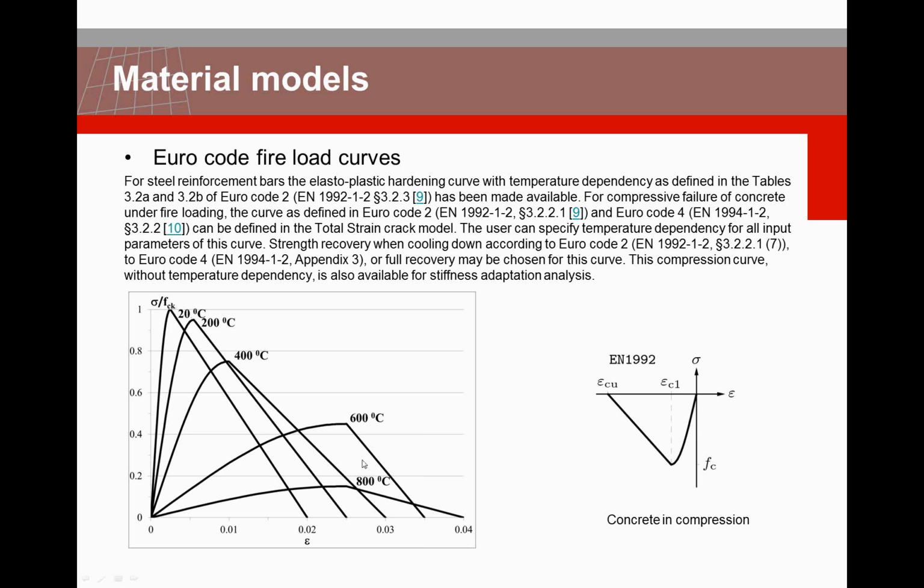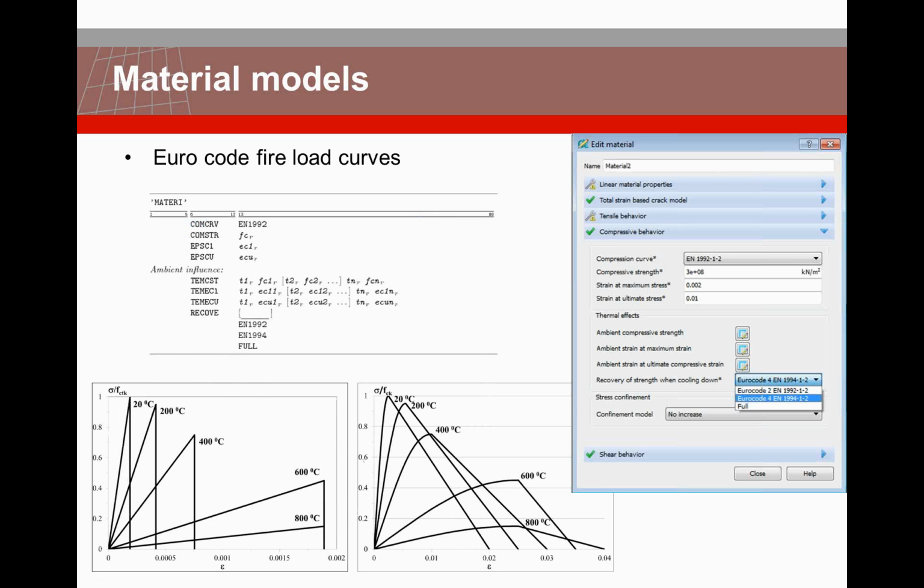And this is automatically integrated in Diana. So the user can also fill in the traditional diagrams of temperature influences on the characteristics of these curves by hand, just as diagrams for parameter values at certain temperatures.